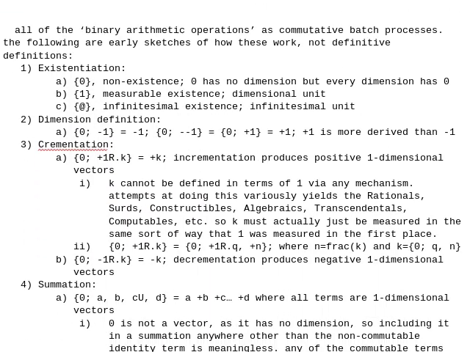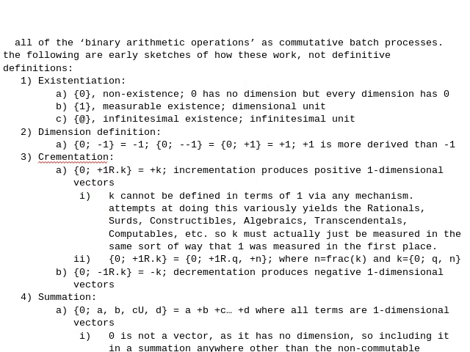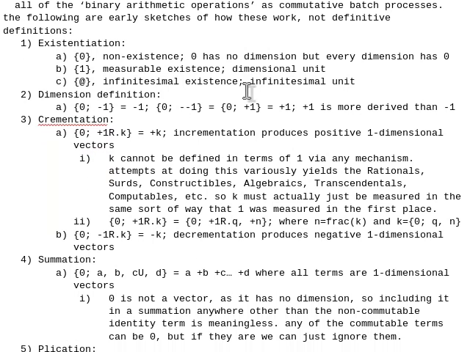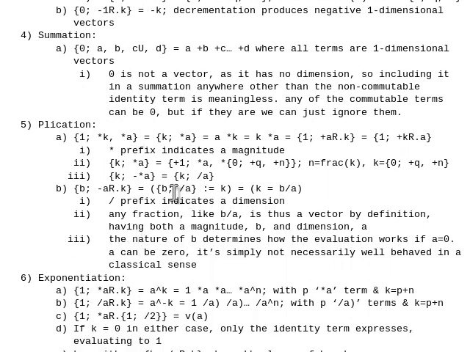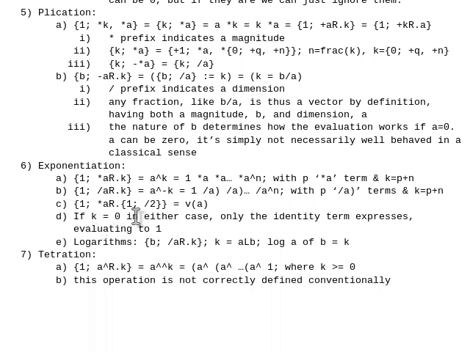Okay, so here, most of this we've seen before, but I wanted to derive the plus, the multiplier, and the division, and the caret, and I think I have it here, yeah, the root.